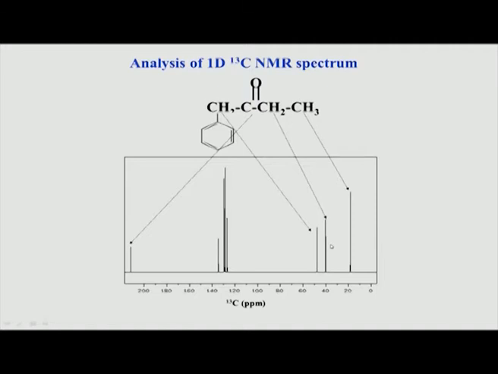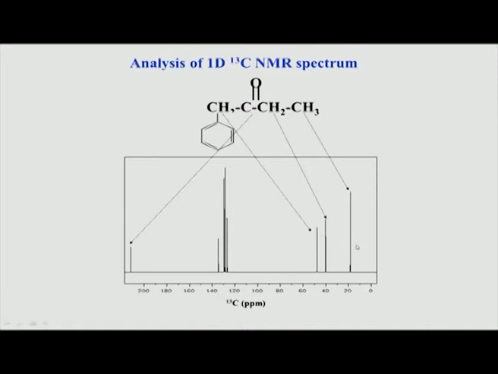So, you see, by this kind of logic typically you can assign the carbon chemical shifts. We rarely record the coupled spectrum, it is usually the decoupled spectrum, and therefore it is just based on qualitative aspects. Of course, if you want the multiplicity idea, remember we saw that we do not get multiplicity from 1D carbon.